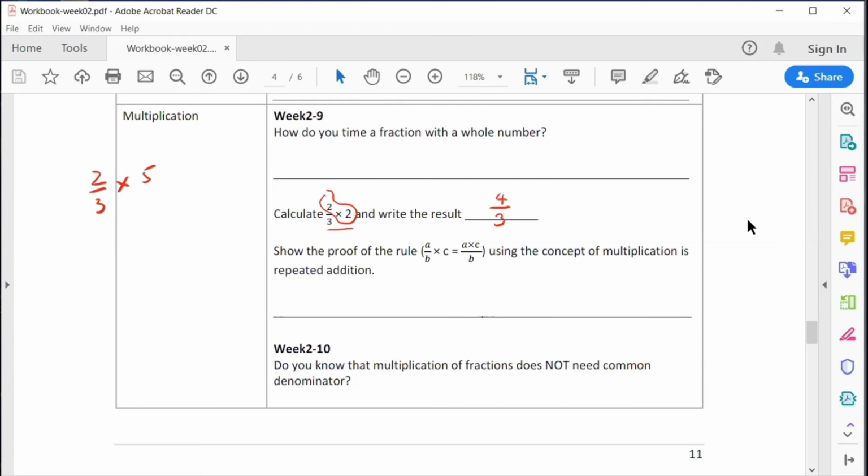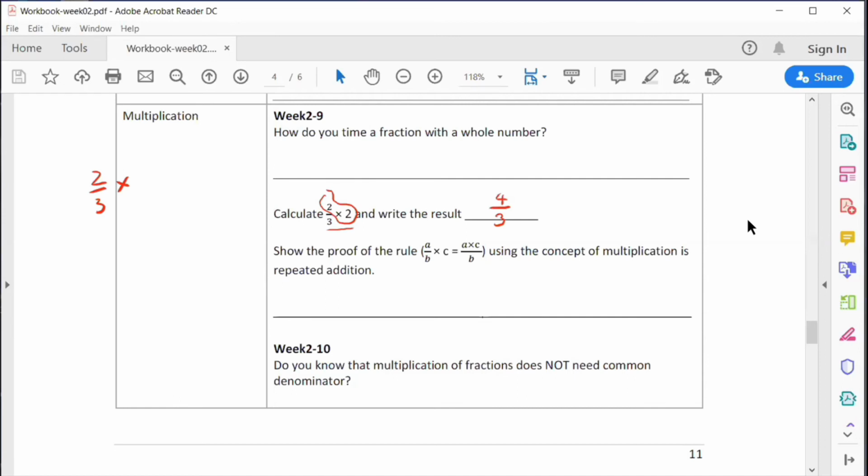What I'm going to write is, C is like the whole number. You're going to time A, which is the numerator, with C, the whole number that you're going to times it with. So basically, the numerator times the whole number, and it's going to be out of the denominator. I actually think about something simpler that you can show the young kids.